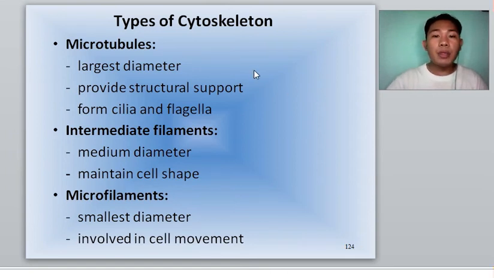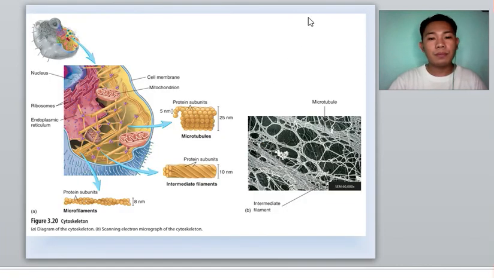So these three cytoskeletons work together for the purpose of cell shape and at the same time maintaining the structures of the cell.